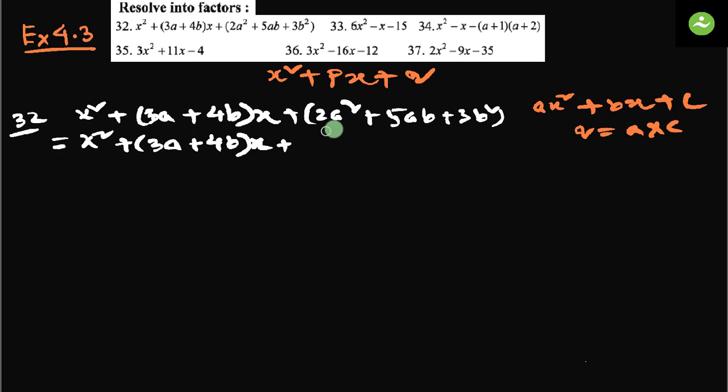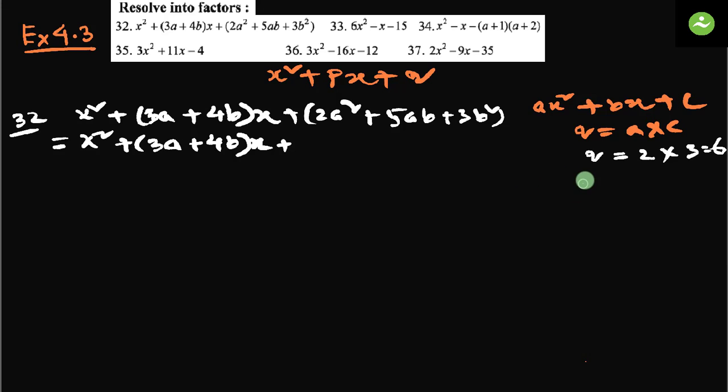Okay, for solving this math, this part 2a squared plus 5ab plus 3b squared, what is the value of q? Here q is 2 into 3, as we said a into c, so 2 into 3 equals 6.